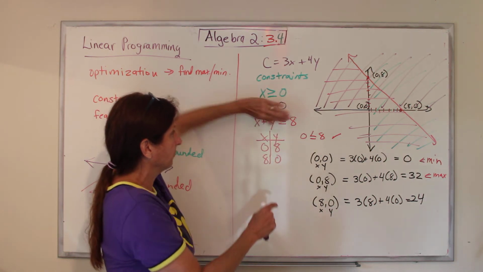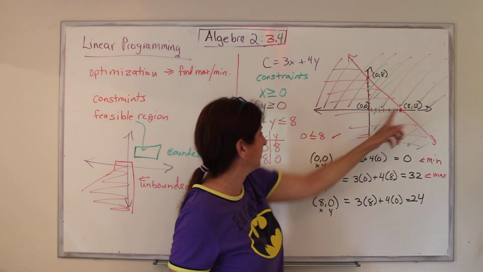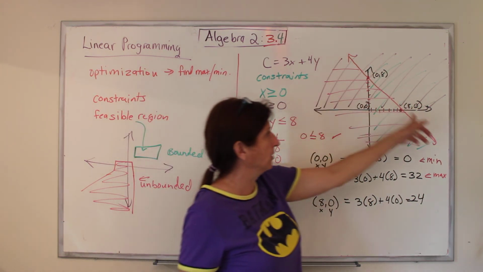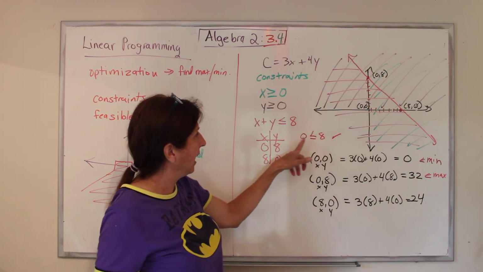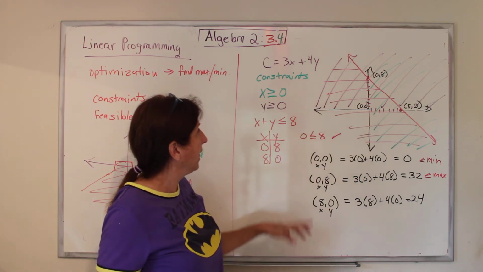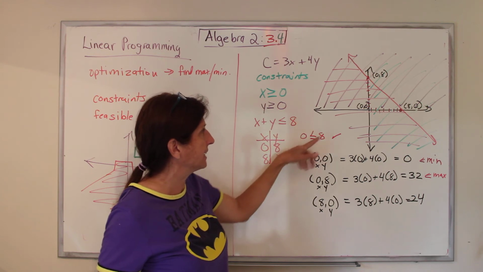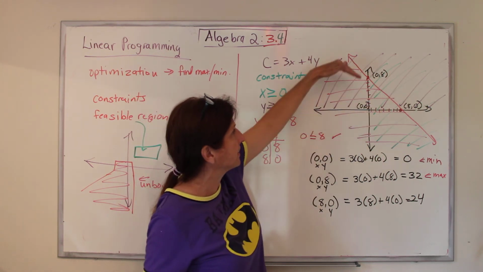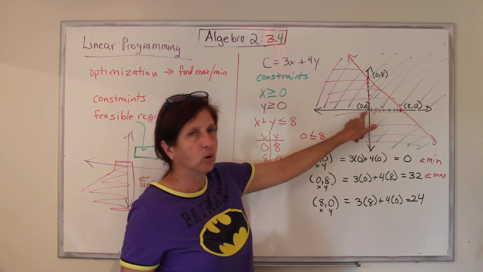If y is 0, x is 8, I put these 2 points in here, it's or equal to, I drew my line, and then to figure out which side to color, I said, what if these are both the origin, 0, 0, then is 0 plus 0 less than or equal to 8? Yes, it is. So I need to color the side that included the origin.